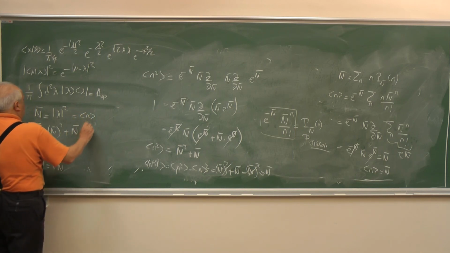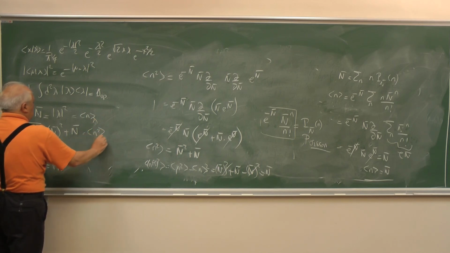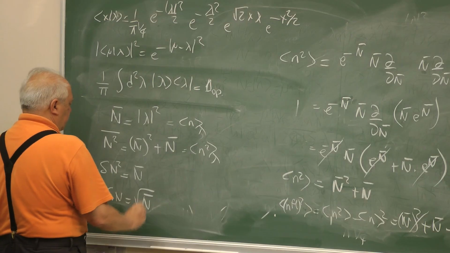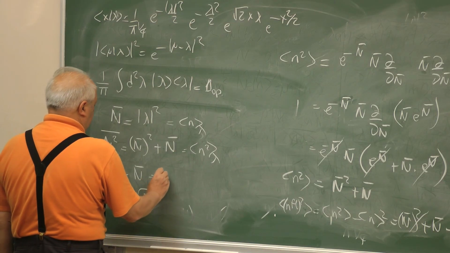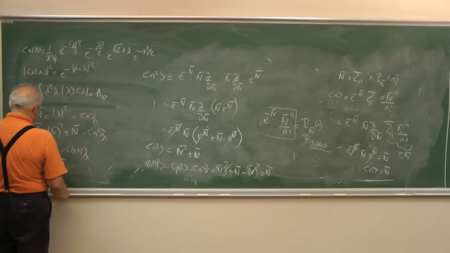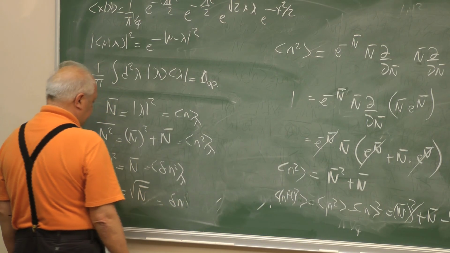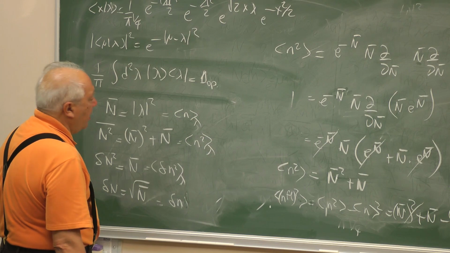This is just n bar in state lambda, this is n square in state lambda, and this is delta n square in state lambda, and this is delta n. All right.